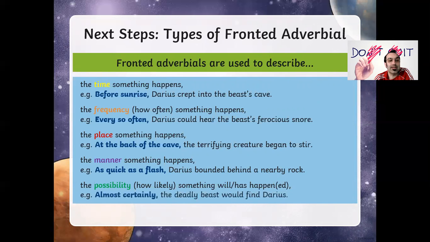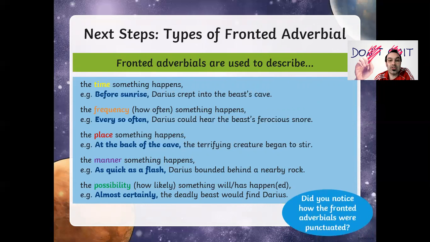And the possibility: almost certainly, the deadly beast would find Darius. Dun, dun, dun. So almost certainly. So poor Darius. It's not looking good for poor Darius. Did you notice how the fronted adverbials were punctuated?